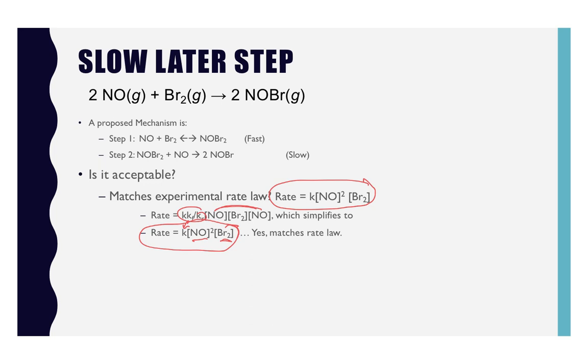So again, the mechanism adds up to the overall rate reaction, and using the assumption that we did about fast reactions versus slow reaction steps, we can substitute in and see that the rate experimentally matches the rate that we would get from the proposed mechanism. So it is an acceptable mechanism overall.